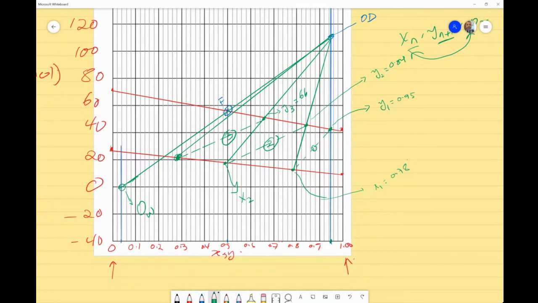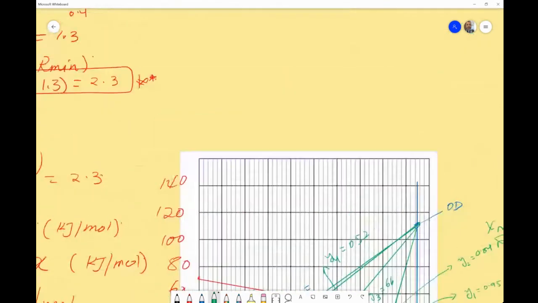This one is going to represent X3 here, and this will be Y4. And Y4 here is basically 0.5, almost 0.52.